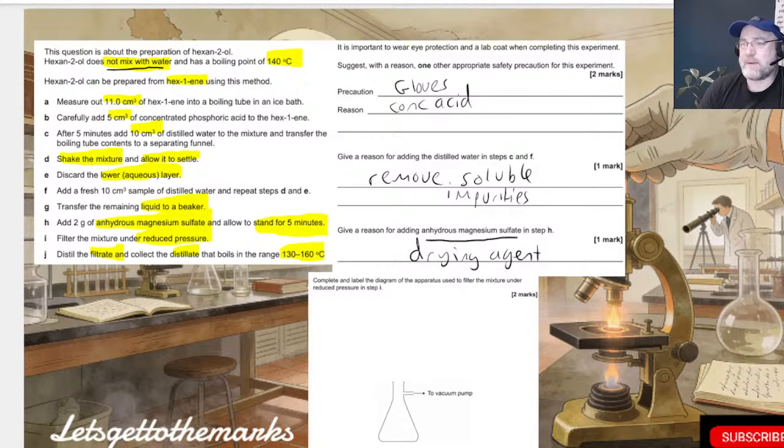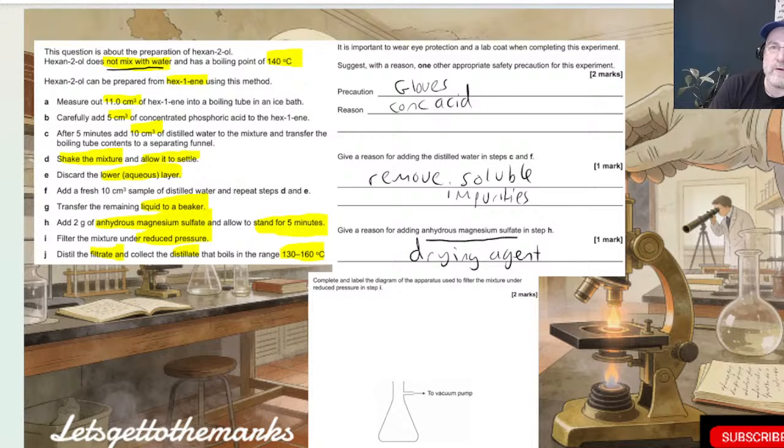It says label it. You want the Buchner funnel. You might say, what is a Buchner funnel?